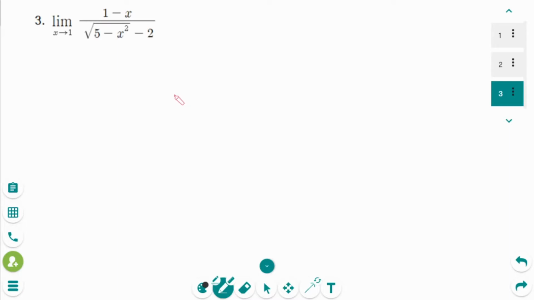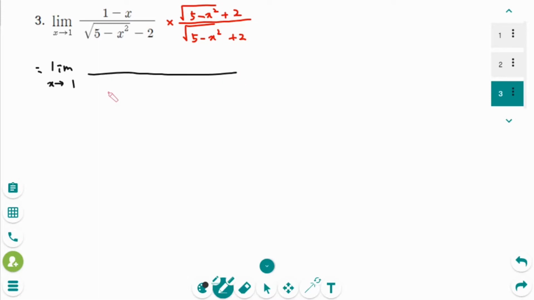This time we must multiply the conjugate of the denominator, which is square root of 5 minus x squared plus 2. So same thing with the numerator. And here, expand the denominator. And then do not expand the numerator.